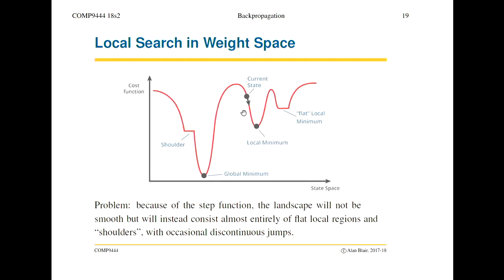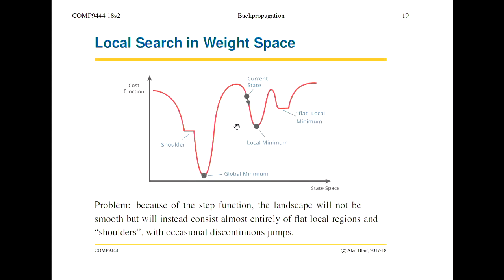But you can see there's a risk. This is called a local method because there's a risk I might get stuck in a local minimum instead of a global minimum. So there might be some point in this landscape where any nearby point has a higher error, but there may be some other point over here that does have a lower error. Right?